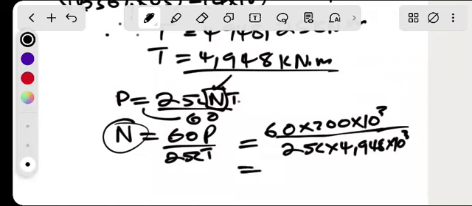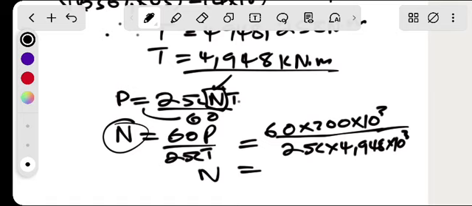Alright, so our N will be equal to what? Let me see, 60 times 2 pi, alright, times 4,948 times 10 to the power of 3. So, guys, by the way, did I include 60 here?